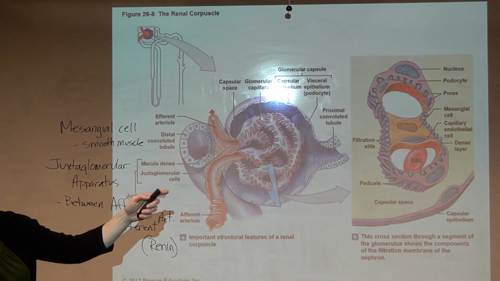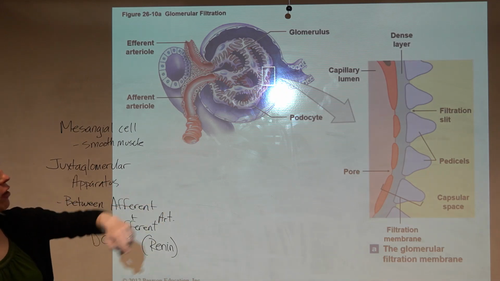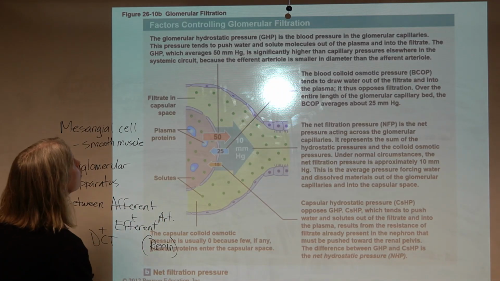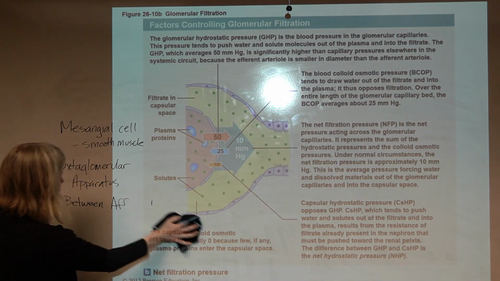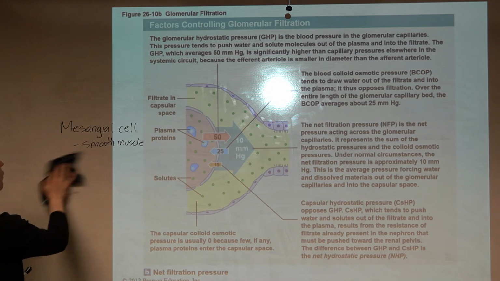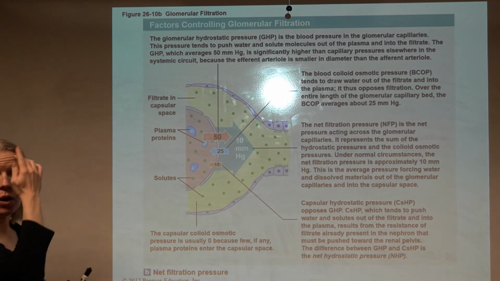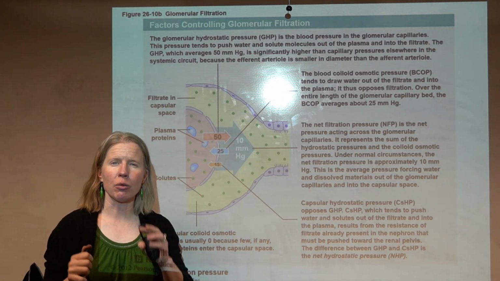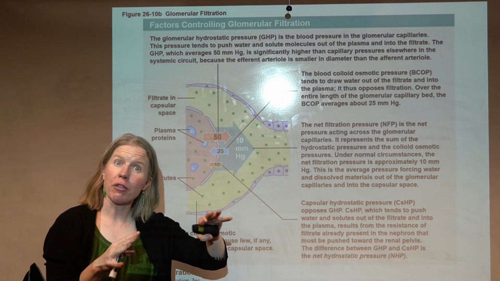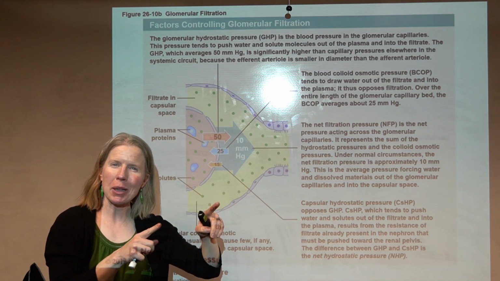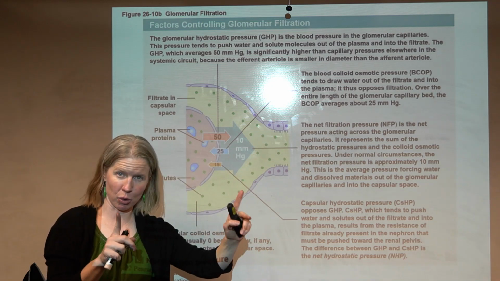Okay, so we have our filtration slits, we have our filtration membrane. Let's look at how, or the forces, I suppose, that affect glomerular filtration. Now, this should remind you a lot of when we looked at kind of blood flow through the capillary bed and we had filtration and reabsorption, right?